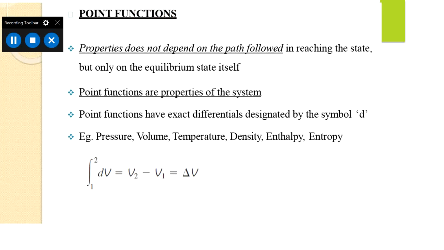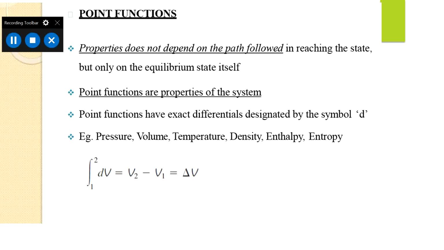Point functions are properties that do not depend on the path followed. Point functions are pressure, volume, temperature, density, enthalpy, entropy, etc. If the path is changed, those properties do not change.